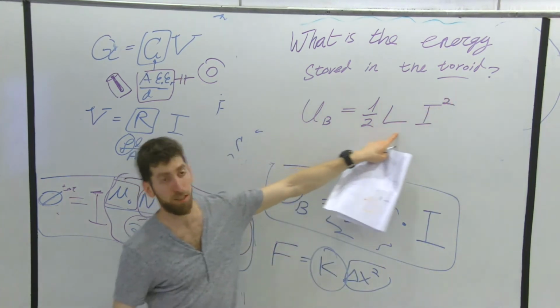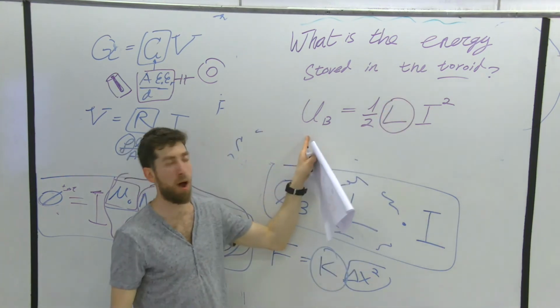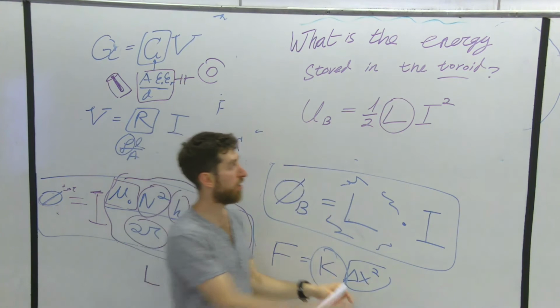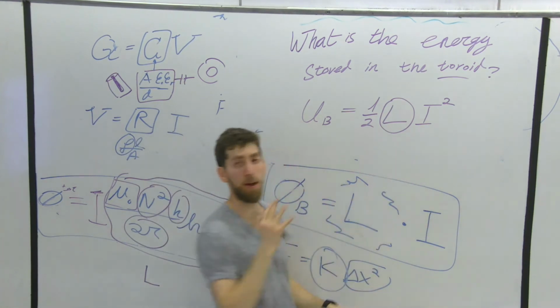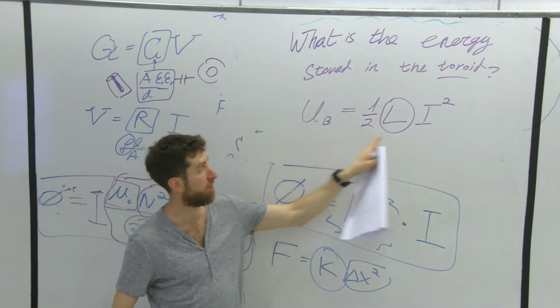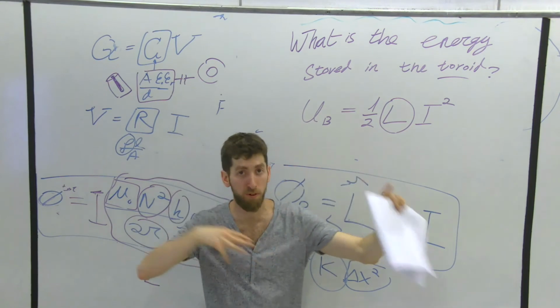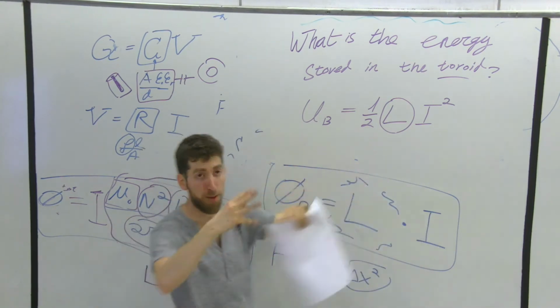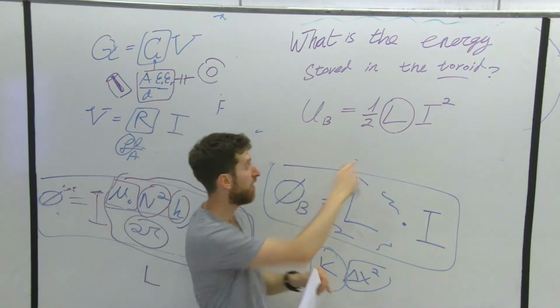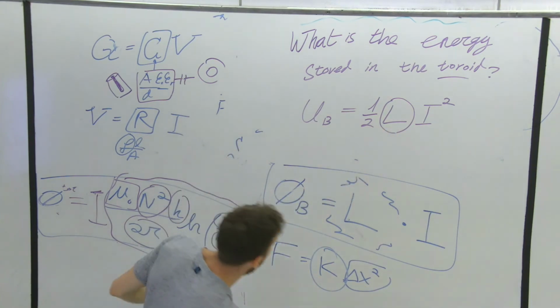So when you know this L, you can immediately know how much energy you can store. It's a function of the current. How much current I have inside will determine how much energy I have if I know this constant, which is related to the shape of my solenoid, my inductor, what material I have inside. It's all inside this. You don't need to do it every time again. This is the concept, okay?